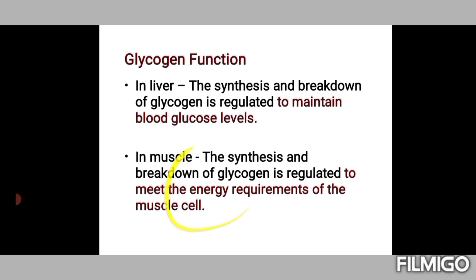Whereas in muscle, the synthesis and breakdown of glycogen is regulated to meet the energy requirements of the muscle cell itself. So in muscle, the glucose produced by glycogen breakdown is used in the muscle cell itself. So liver is doing a sort of charity function. It's a charity organ in our body, and as we know, liver does a number of functions, and one of them is glycogen storage and supply.